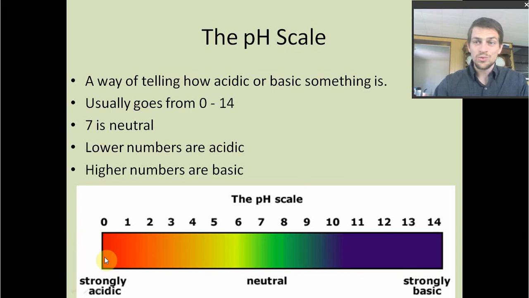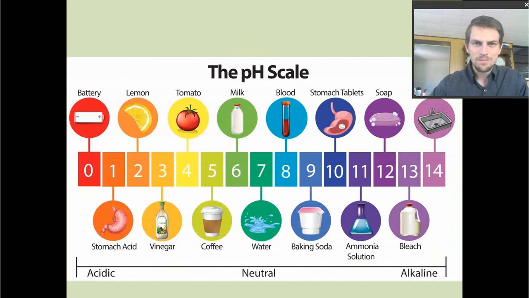Remember, very left is strong acids, 7 is neutral, no acid, no base, and 14 is very strongly basic. Now, sometimes basic is called alkaline, so you might see that word thrown around sometimes, such as in this picture. This is a picture that shows you where several different substances that we see in everyday life fit onto the pH scale.